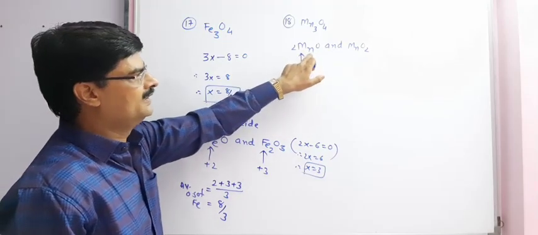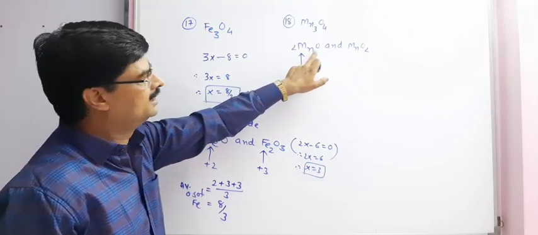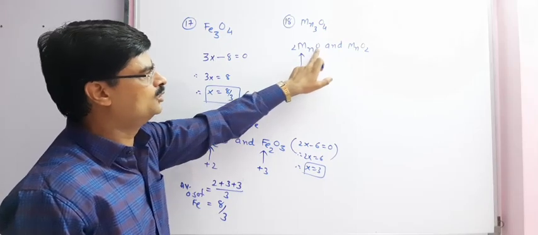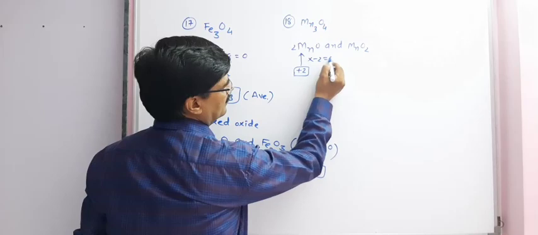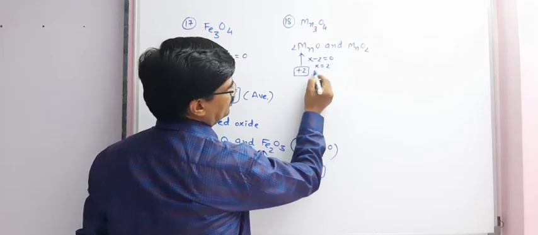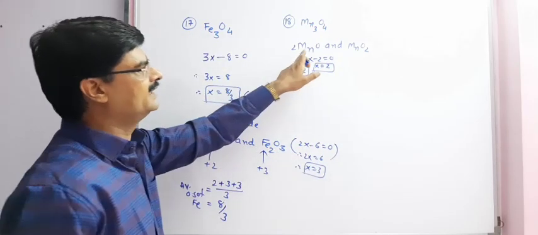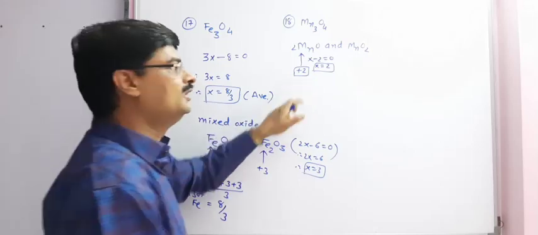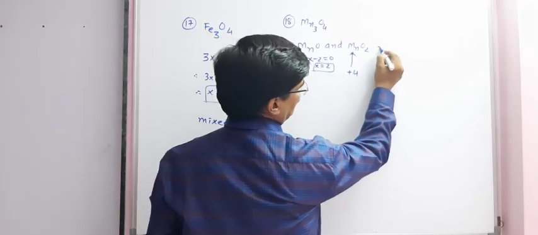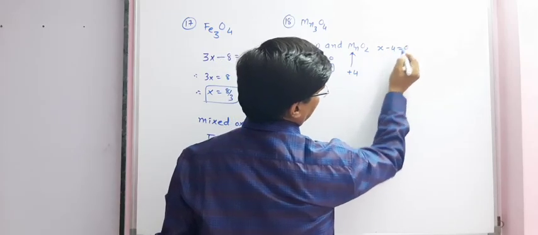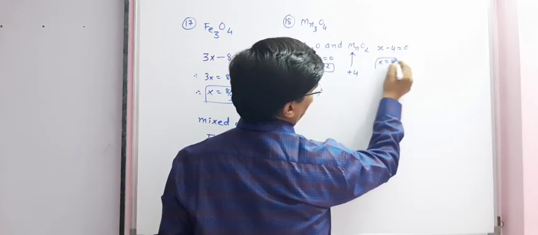Because say X for Mn and for oxygen -2, so X minus 2 is equal to 0. Therefore X is equal to 2. So in MnO, the oxidation state of Mn is +2. In MnO2, it is +4. How? X minus 4 is equal to 0, X is equal to 4.